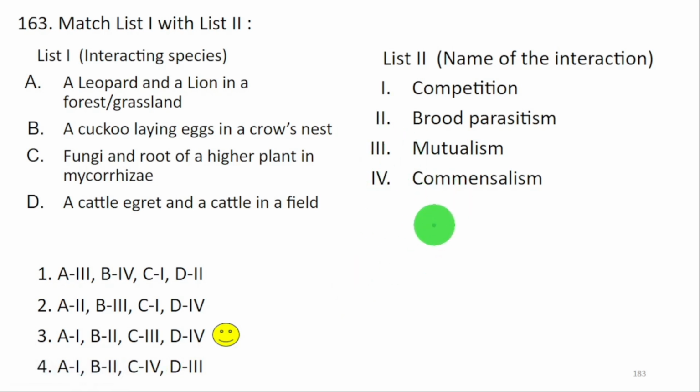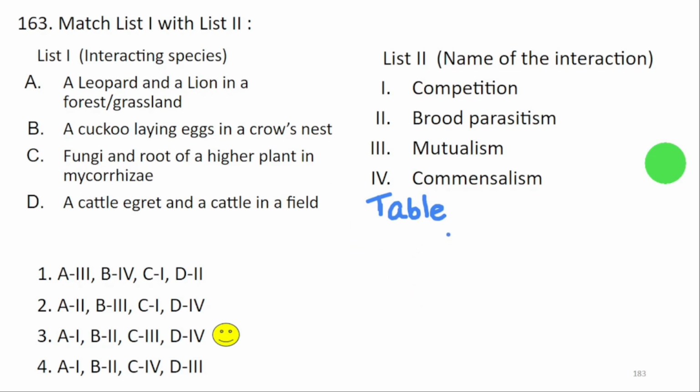There is nothing much to explain. You must remember, when they give this kind of example, it is easier to attempt this question. But the question can be asked in a different way, referring to the table which is given about the name of the association and name of the interaction and the association in terms of whether they are benefited or harmed or unaffected.